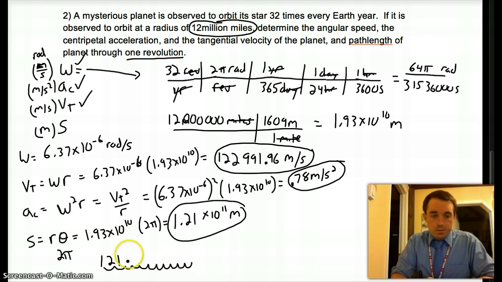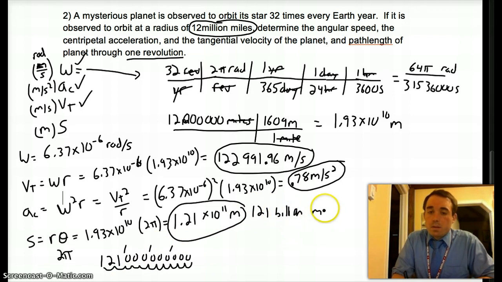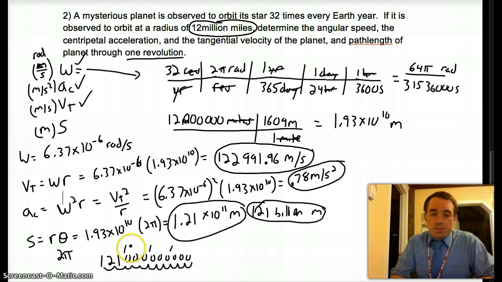Just to show you how many zeros there are. So that is 121 billion meters. Pretty cool. It travels that in 1 year. Alright, that's a little extra. You didn't have to do that. You could stop right here, but just show you.